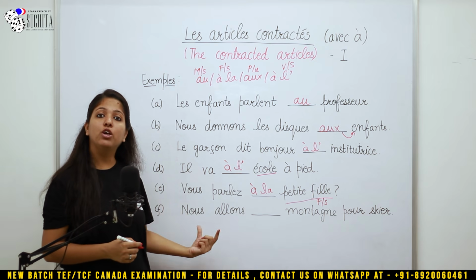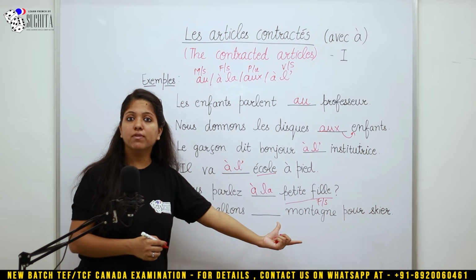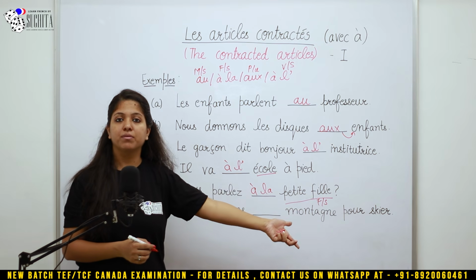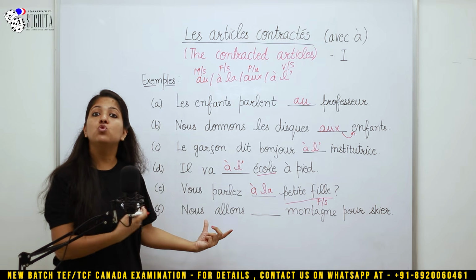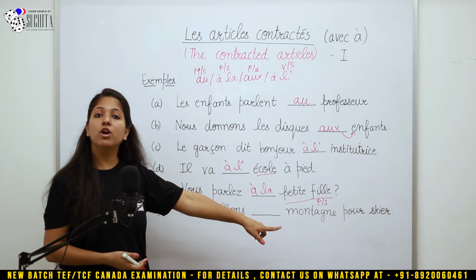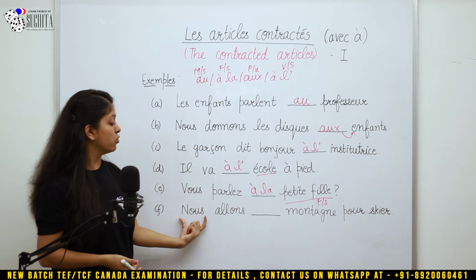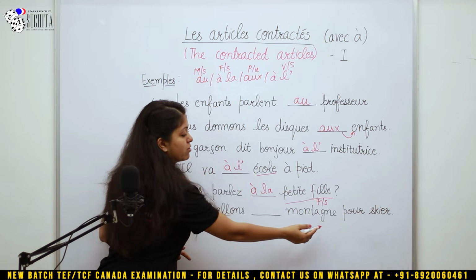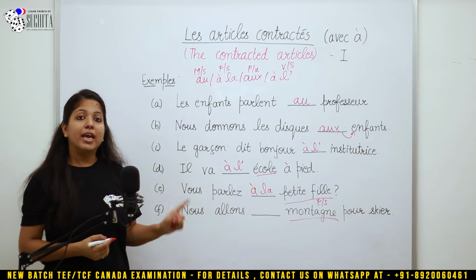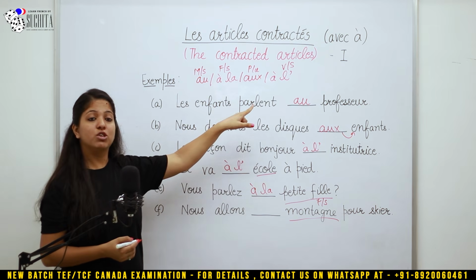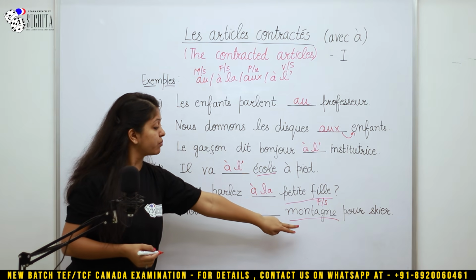Nous allons, we go, dash montagne pour skier. So we go to the mountain for skiing. Again, the meaning is okay, to the. So we go to the mountain. Look at this word. Again, you have to look at the word which is next to the dash, which is montagne.